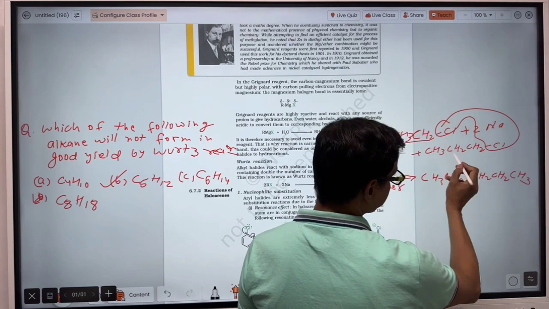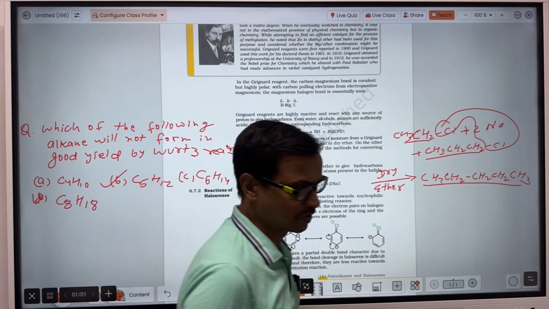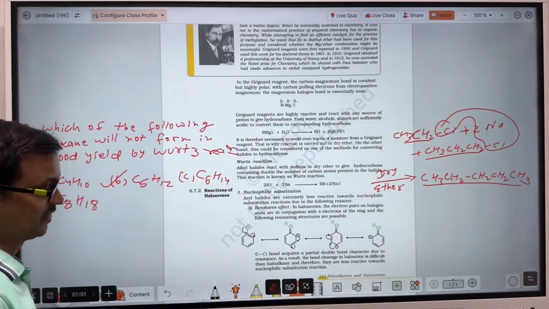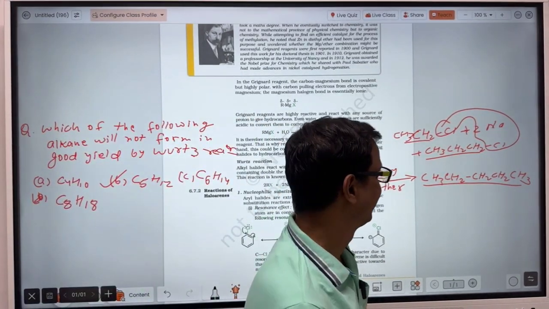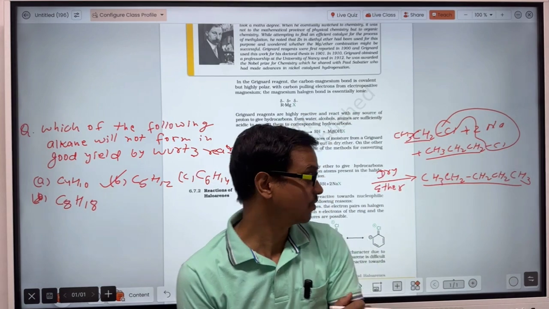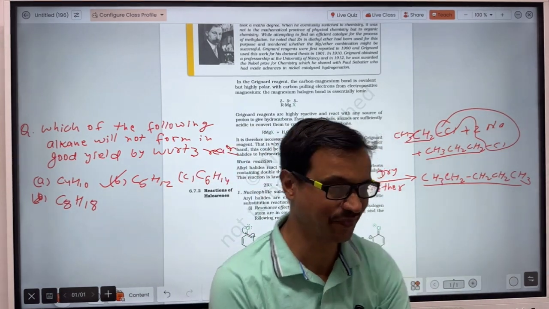Here the number of carbon atoms is 2 and here it is 3. So a 5-carbon compound will form here.